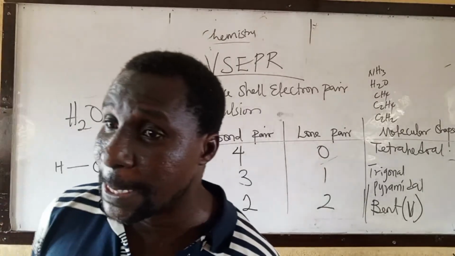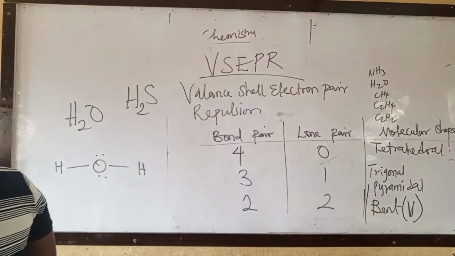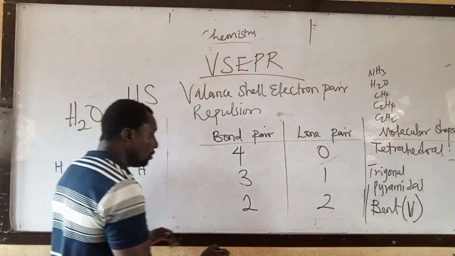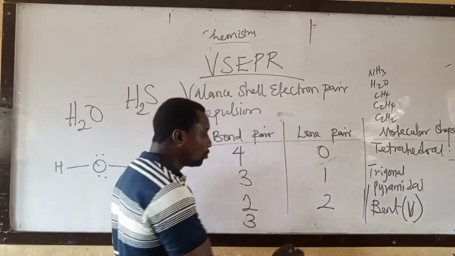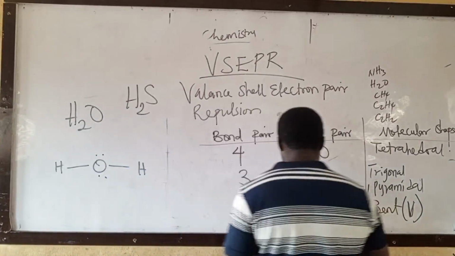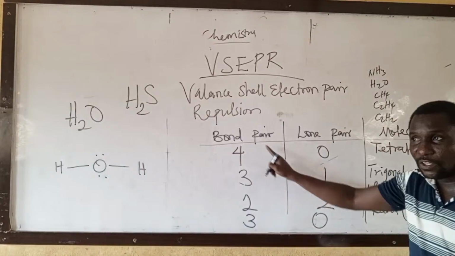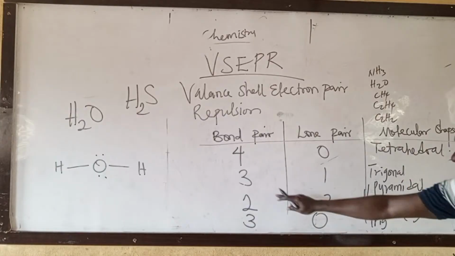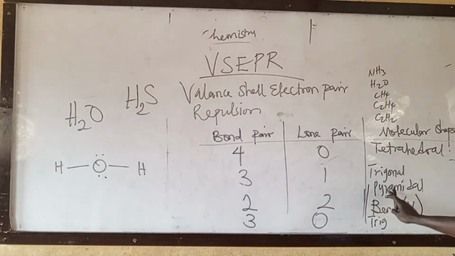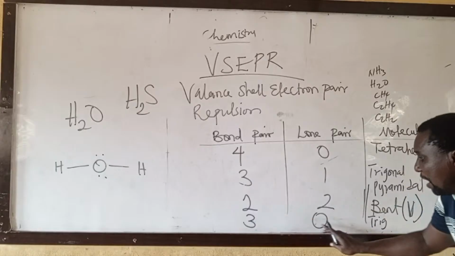Are we set? Next one. When you have bond pair 3, lone pair 0, that one is trigonal planar. Now this 3-1 is what? Trigonal pyramidal. 3-0 is what?